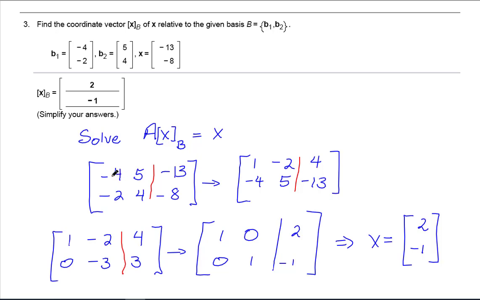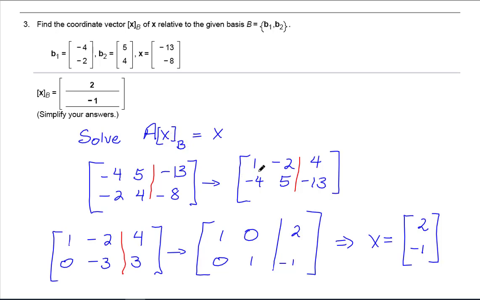So we simply form PB, which is our b1 and b2. We know that PB times x relative to b should give me that vector, minus 13, minus 8. So we simply solve for, well, what is the x relative to b that would do that?